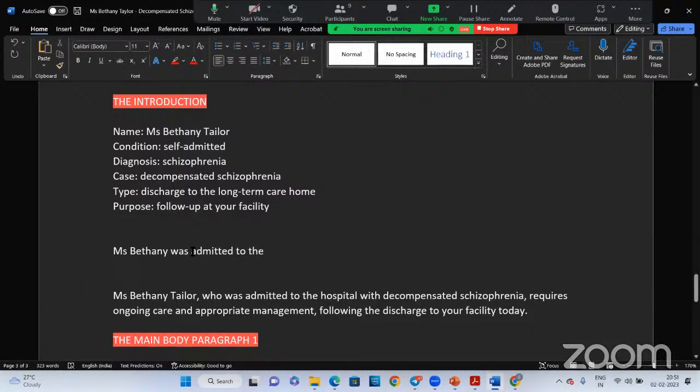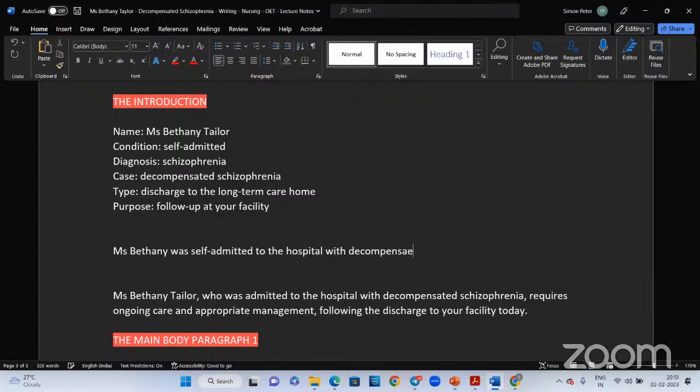We can also say was self-admitted, no problem. To the hospital with decompensated schizophrenia. Okay, this is one sentence. This is sentence number 1. This is why she got admitted. The reason. This is called the reason why she got admitted.